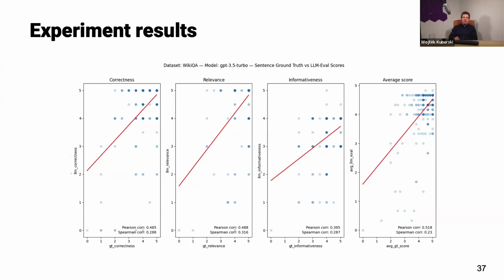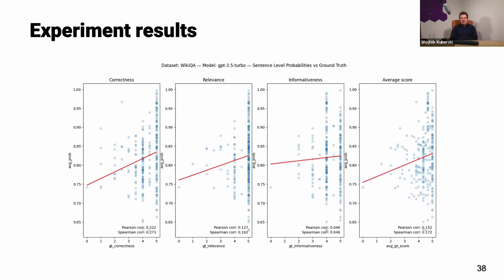And we've seen that the correlations for Pearson are around 0.5. Averaging gives also kind of the best correlation, but it also is against just the average of ground truth, so it's not necessarily the best approach to take. And if we just look at the rank correlation, it's not great, but it's definitely significantly better than random, so we are able to detect a significant fraction of hallucinations.